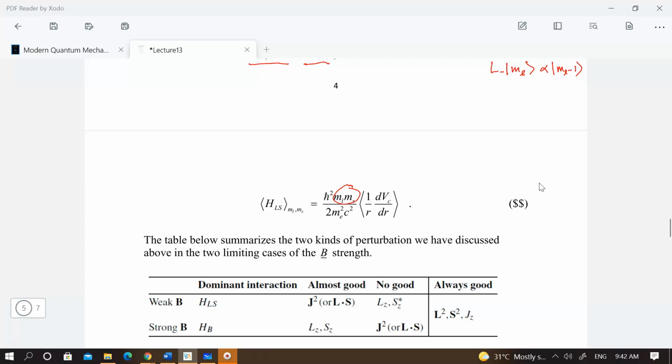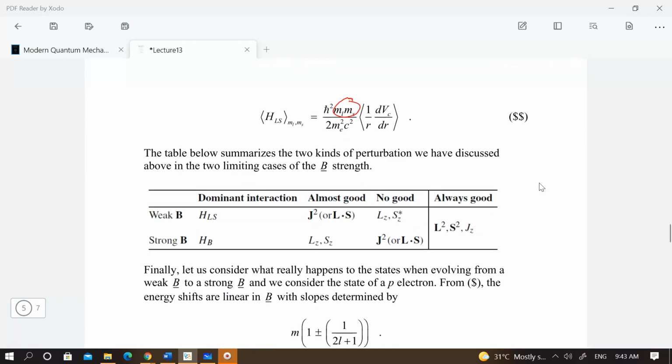So we have two things that we have done so far. The first part is to have the case of a weak magnetic field, and then you do the evaluation with respect to your J squared.